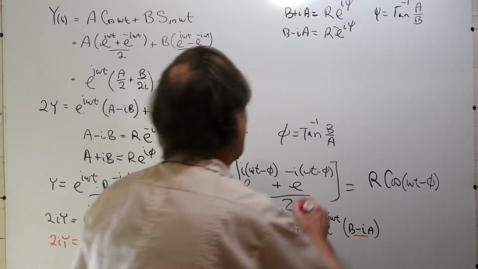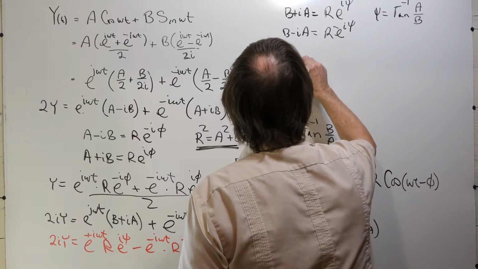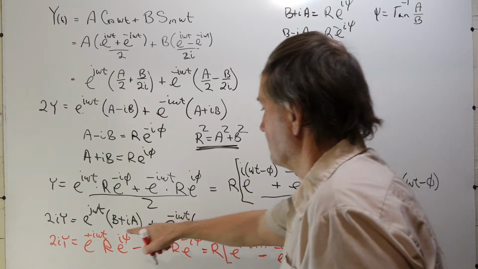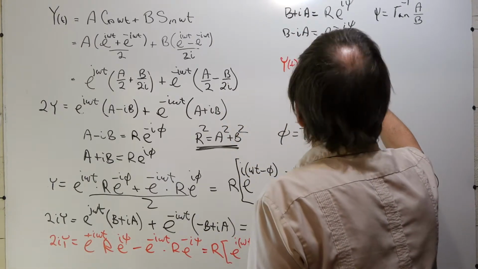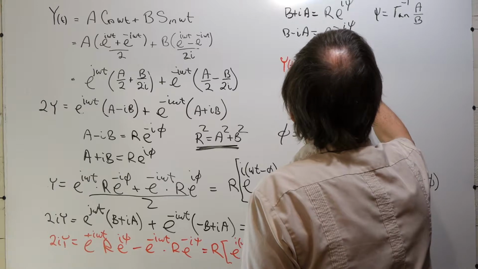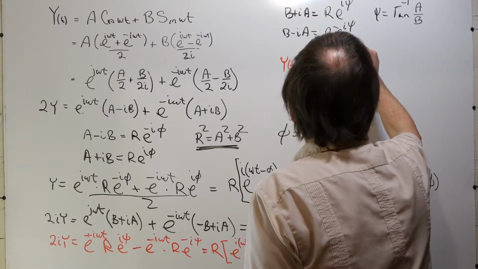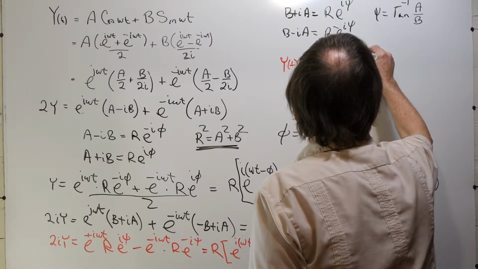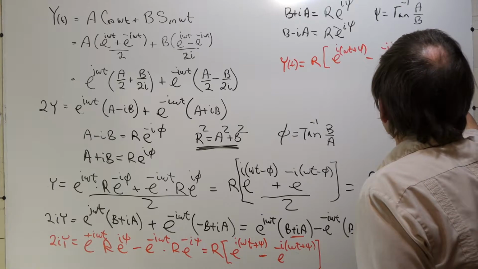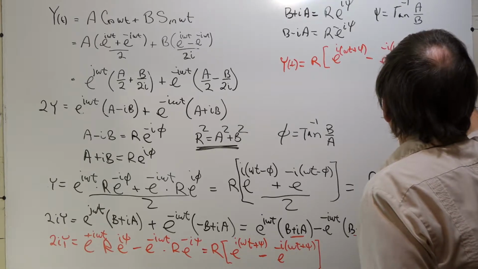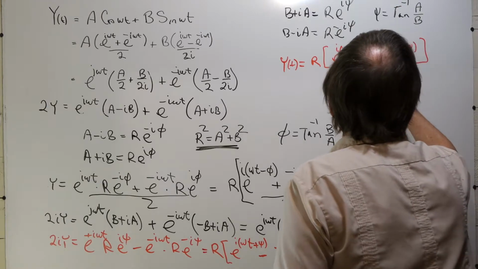So our y of t becomes R times e to the i omega t plus psi, minus e to the minus i omega t plus psi, over 2i.